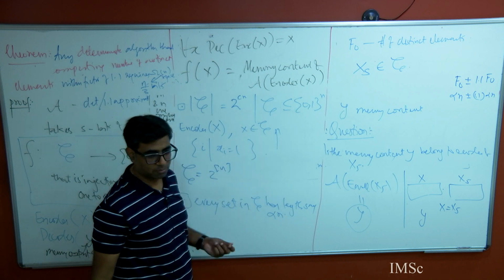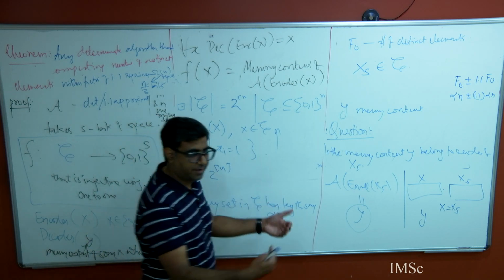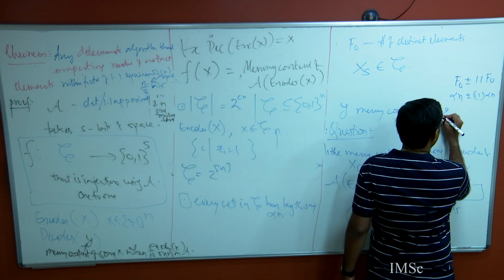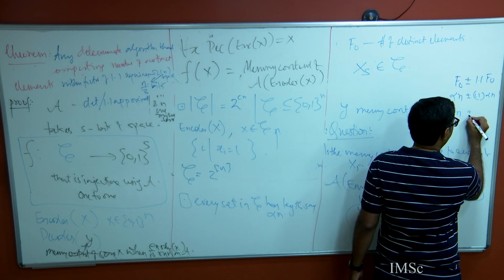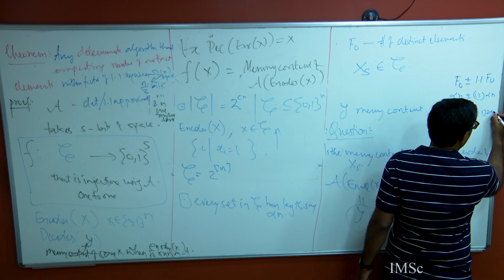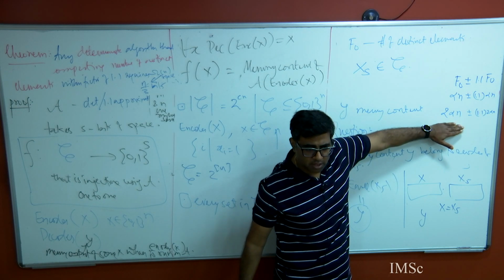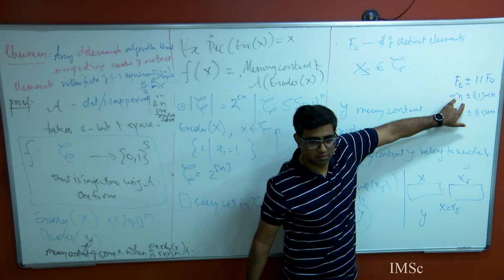Now suddenly, if the two sets are different, it is going to be 2 times alpha n plus or minus 1.1 times 2 alpha n, right? This is going to be a way too huge number compared to this number.